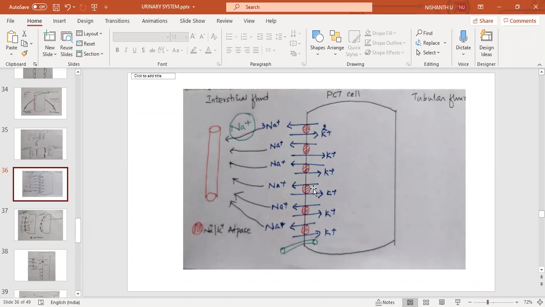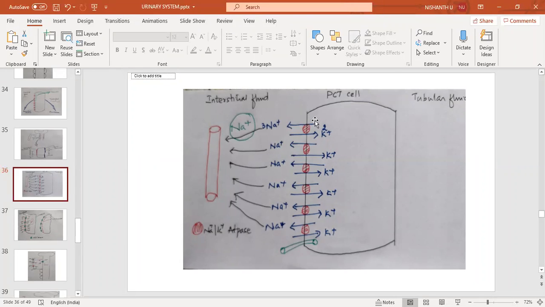Right now we are talking about the proximal convoluted tubule. Imagine that in the proximal convoluted tubule, each and every cell contains this type of ATPase. That means this is a protein which is present on the basal membrane. What is the duty of this protein?